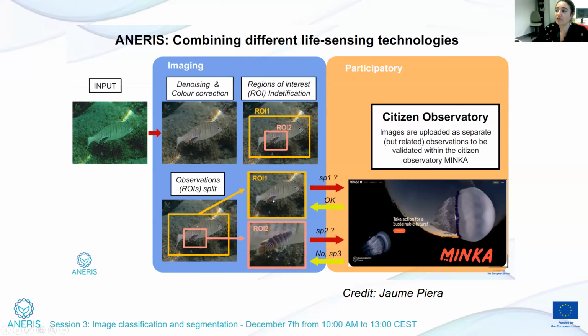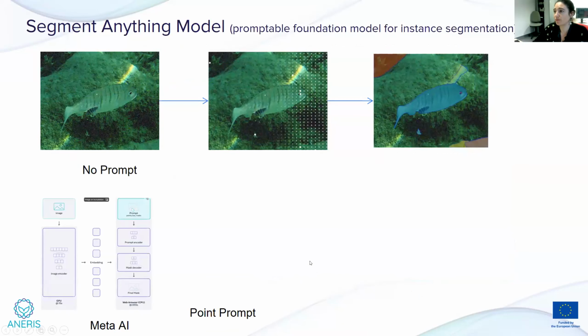And here, once again, it's a strategic choice. So do we want to just identify which species it is? Or also what we can do is involving citizens, and I will come back to that and how they can be involved, in order to also validate maybe what was proposed or validate the classification.